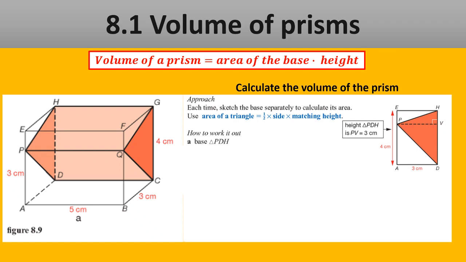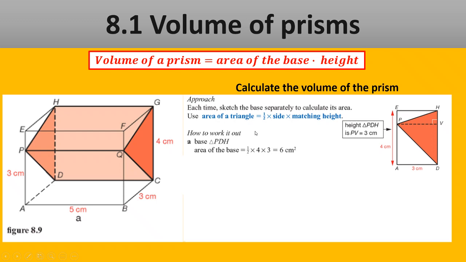It was a half times the base of the edge, sometimes they call it the side, half times the side times the matching height. So here, area of the base, and then they mean, in this case, PDH, is a half times side 4 times its matching height is 3. Remember, the matching height is always perpendicular on the side. So that's the area of my base.